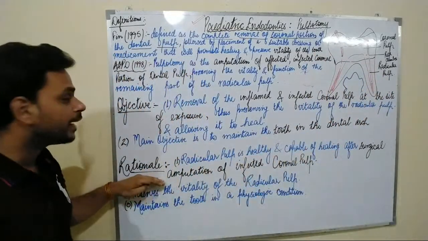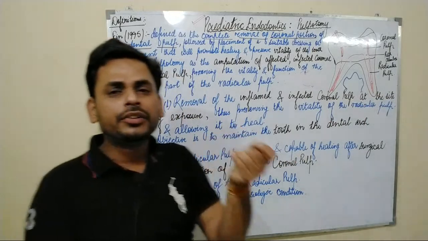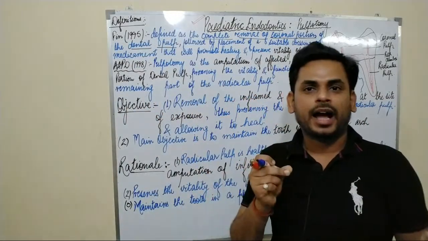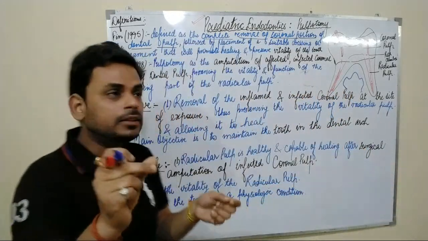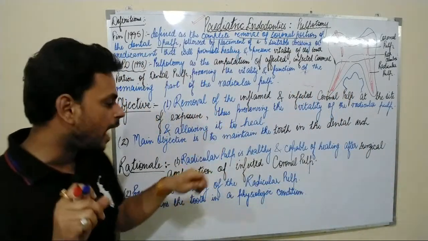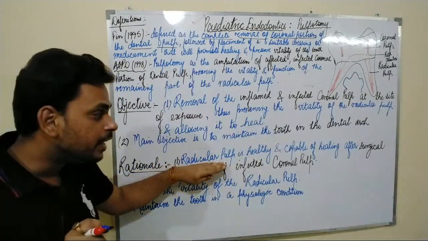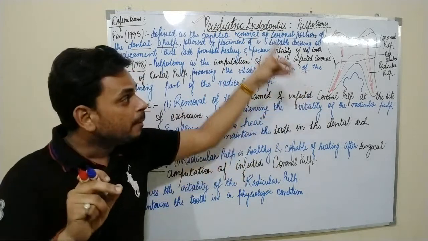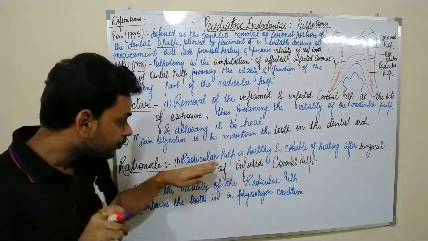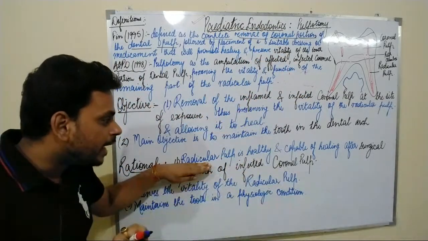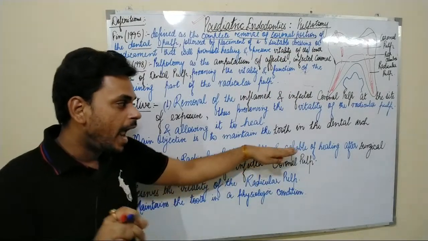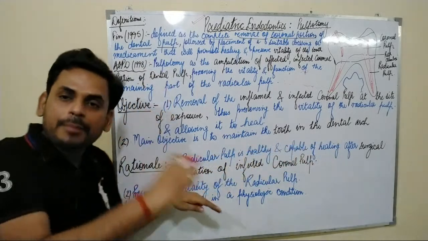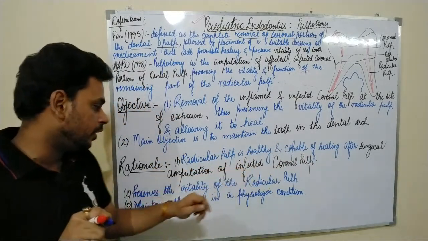Now moving on to the rationale. The literal meaning of the word rationale is the reasoning. So what is the reason behind it? The reason why the pulpotomy procedure is carried out is that by removing the coronal pulp, we are preserving the radicular pulp, which is healthy and capable of healing after the surgical amputation of the infected coronal pulp.